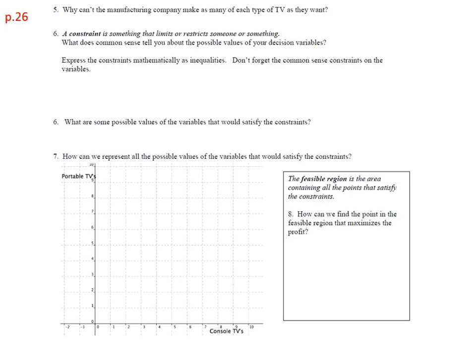So, manufacturing companies cannot make as many TVs as they want because they are limited by the number of hours for each machine. So since they are limited by the number of hours each machine can work, those limitations are the constraints.